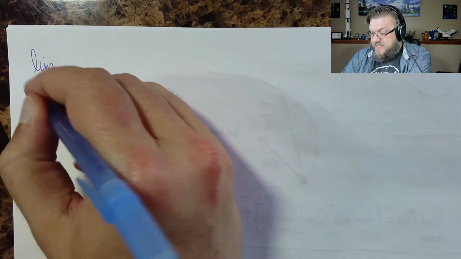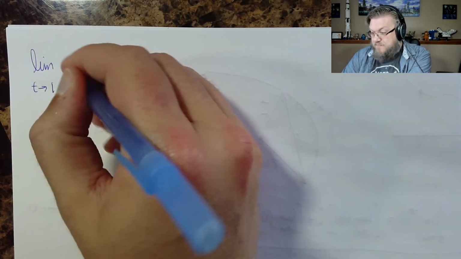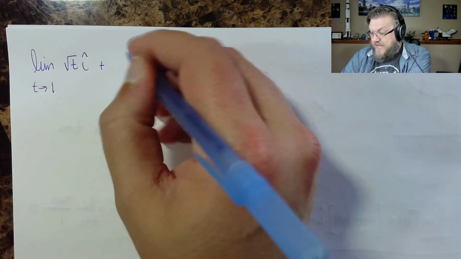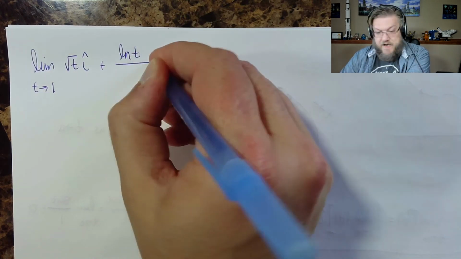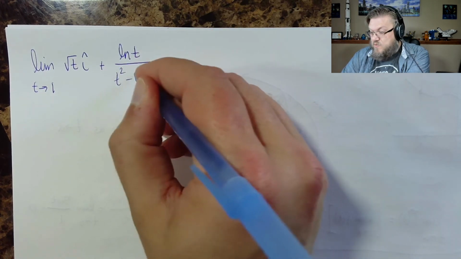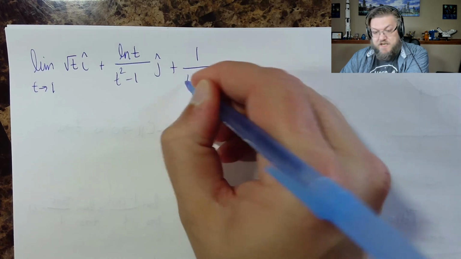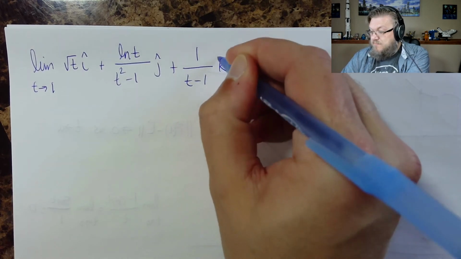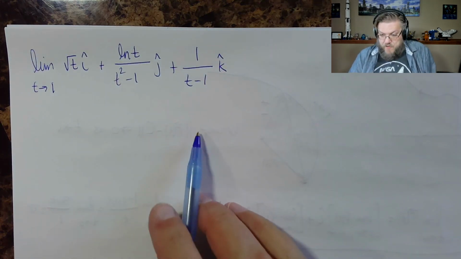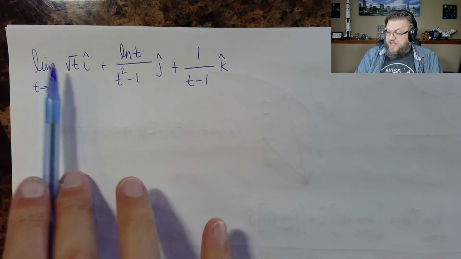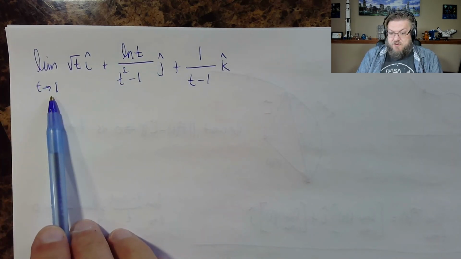The limit as t goes to 1 of the square root of t i plus the natural log of t divided by t squared minus 1 j plus 1 over t minus 1 k. Right? Now, right away, you might work from left to right, but I noticed something right away.